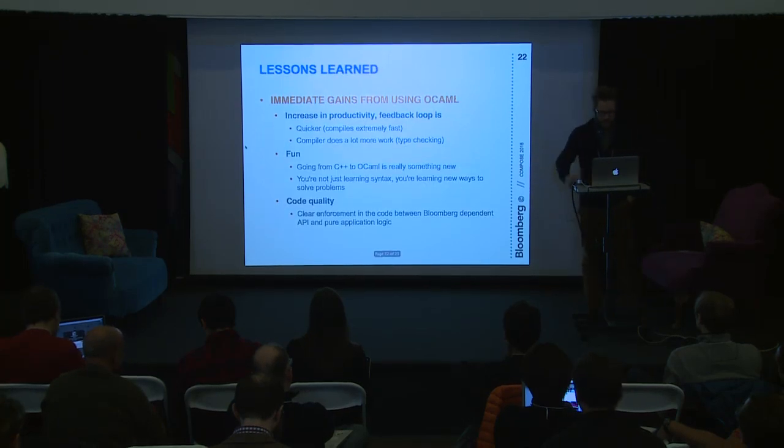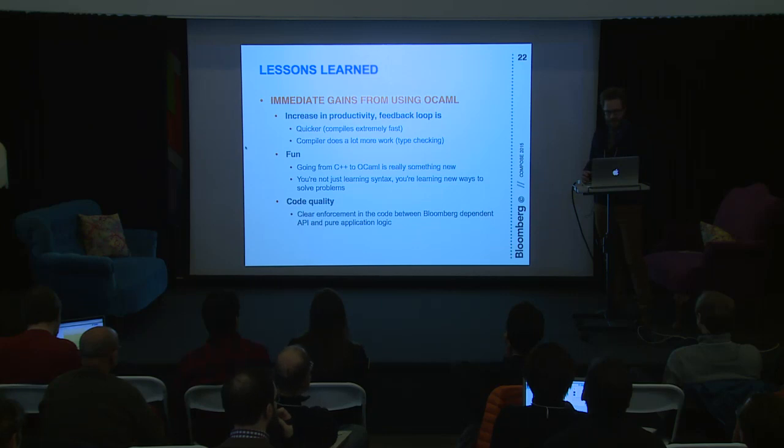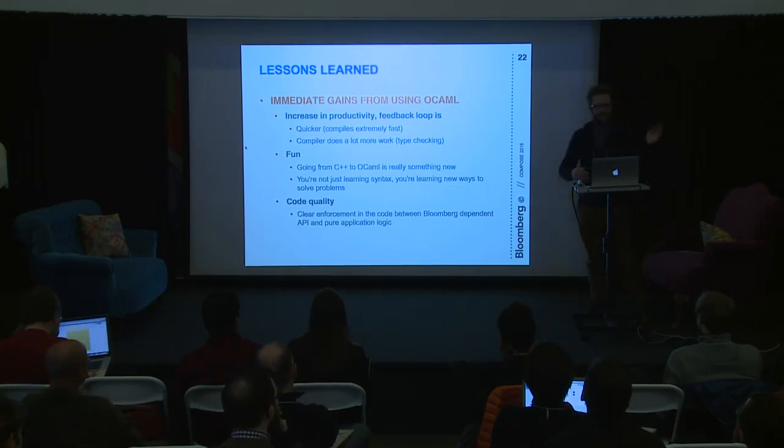So a few lessons learned because we started from nothing. Here is some feedback from a newcomer to functional programming. Really, the first thing is the increase in productivity. What we often forget when we write small projects is that C++ compiles fast. Python, there's no compilation, but it's fast enough for my use case.